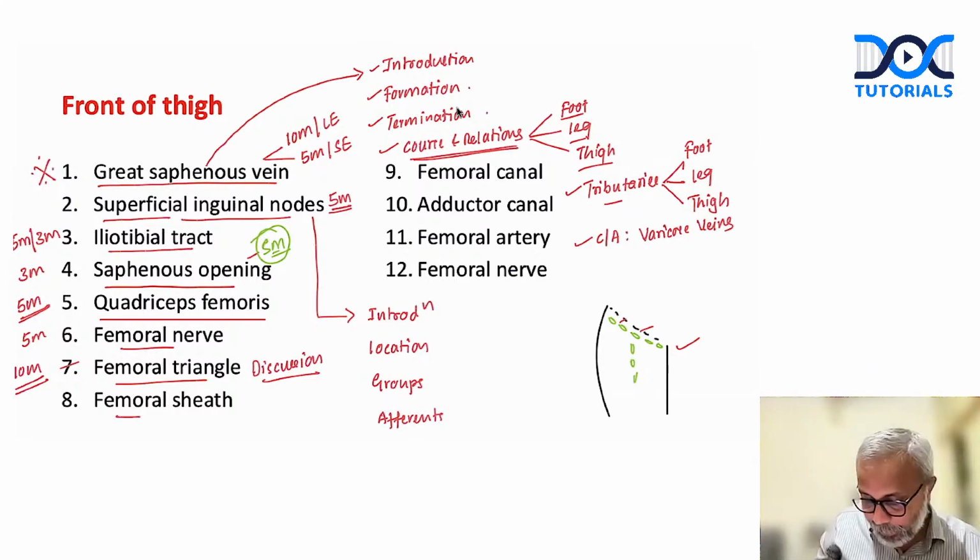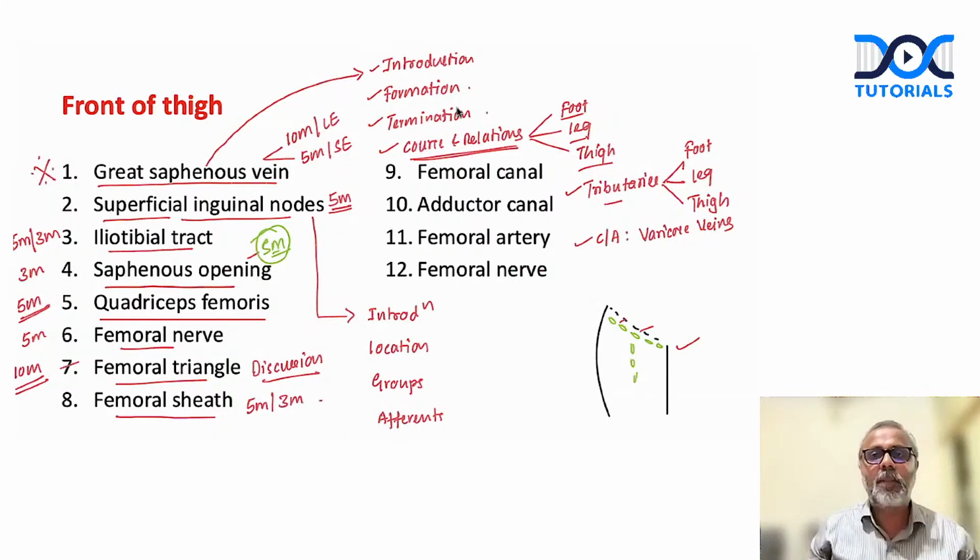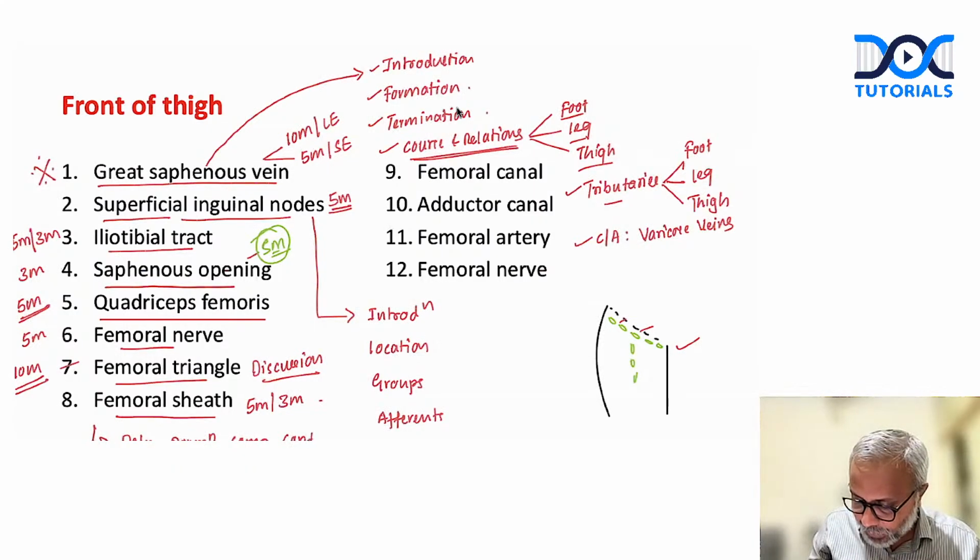Then femoral sheath could be an important 5 marker or a 3 marker question. How do we attempt this? We will start with defining what is femoral sheath, then how the femoral sheath is formed, how it is divided into compartments, and then what are the contents and what is its clinical anatomy.